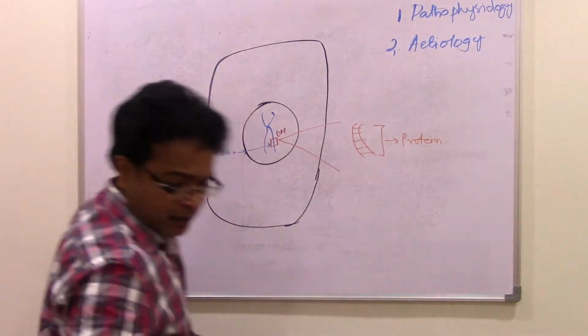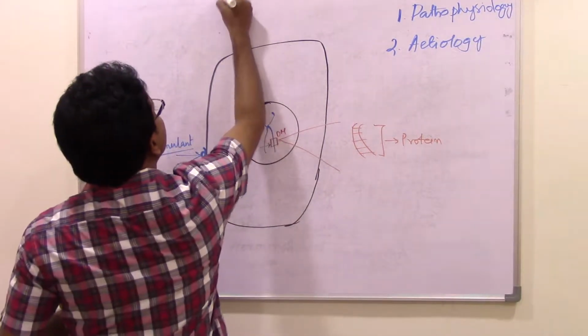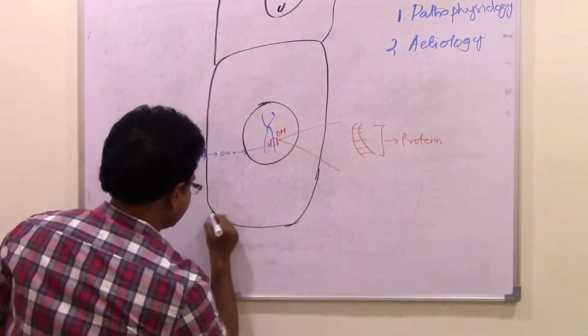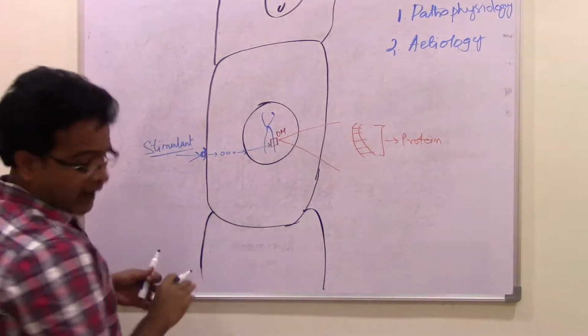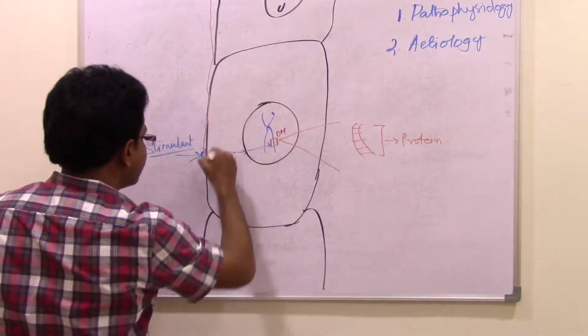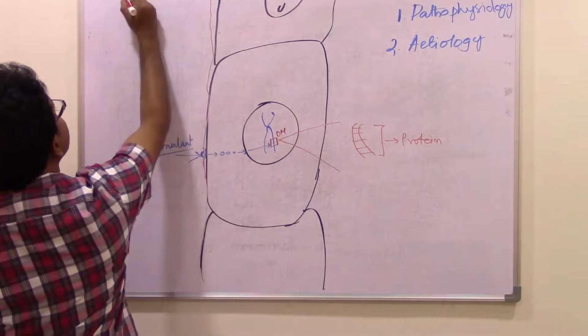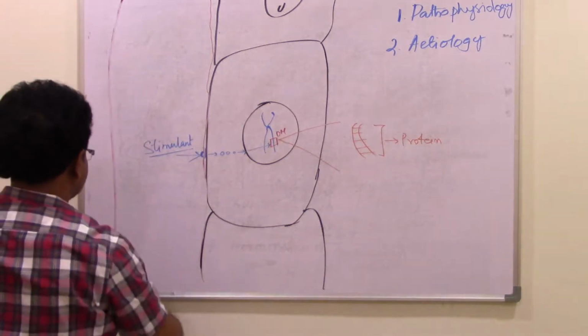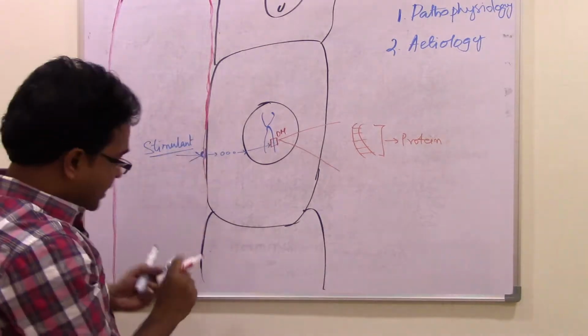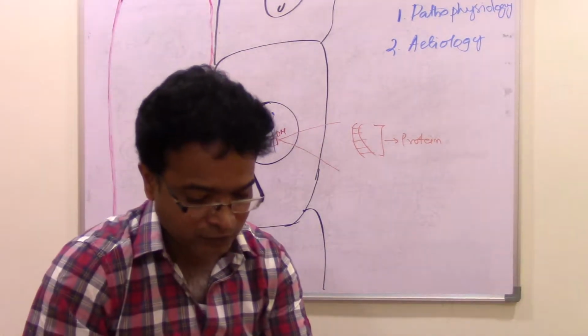Let's say these are the cells in our body, right, and every cell is supplied by a blood vessel. Let's say this is a small capillary, and in blood we have different kinds of products.